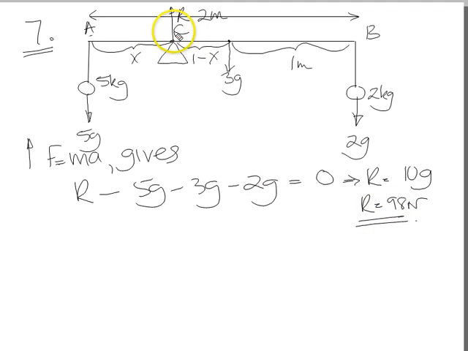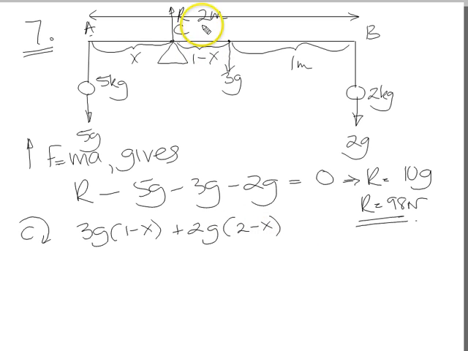Now let's take moments around C, because it's in equilibrium. So take moments around C in the clockwise direction. So we've got 3g times the 1 minus x, haven't we? Force times distance. And then here we've got 2g, and its perpendicular distance is 1 plus 1 minus x, which is 2 minus x, yeah?